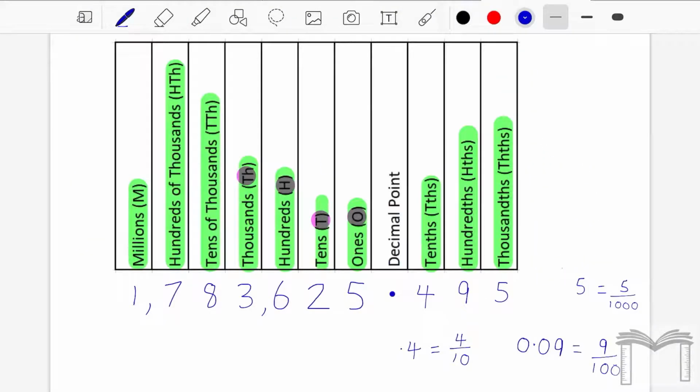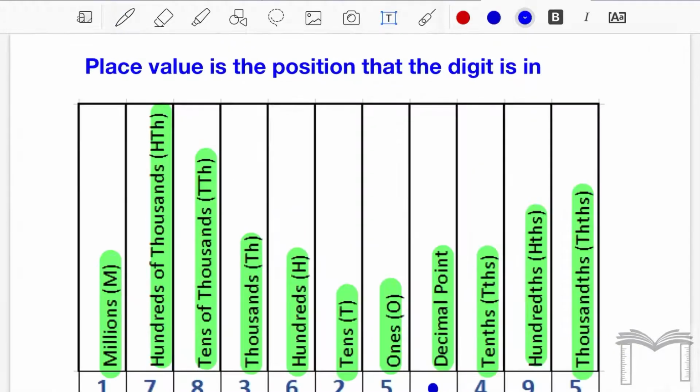So we can see that each digit has a unique place value, and this is simply based on the position that the digits are in. You can now pause the video and write down the definition and table for place value.